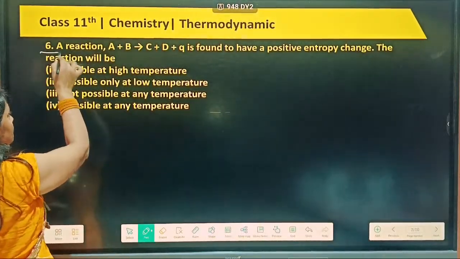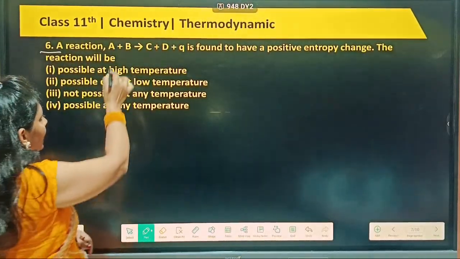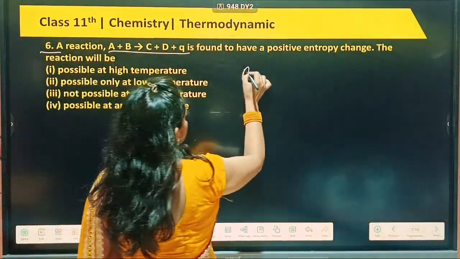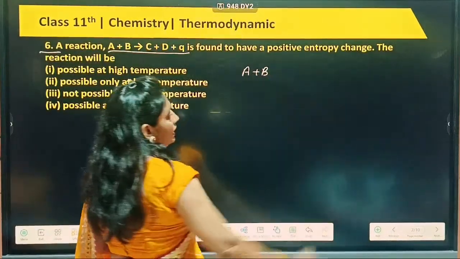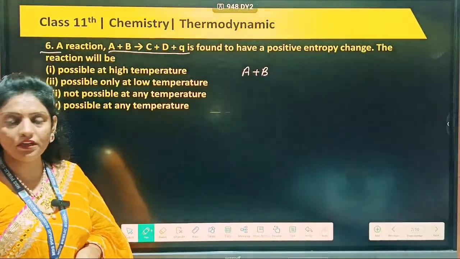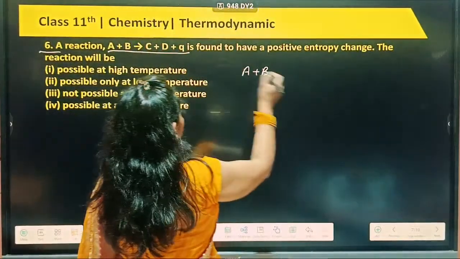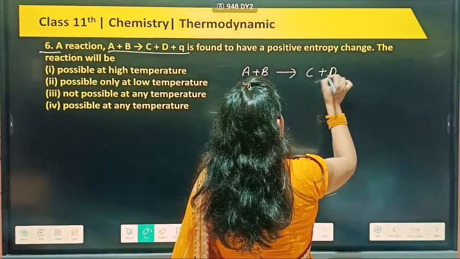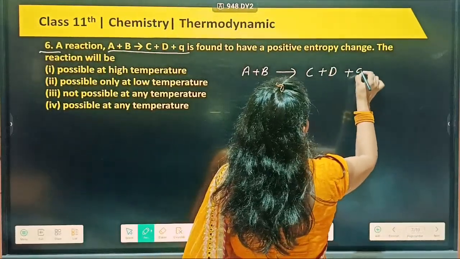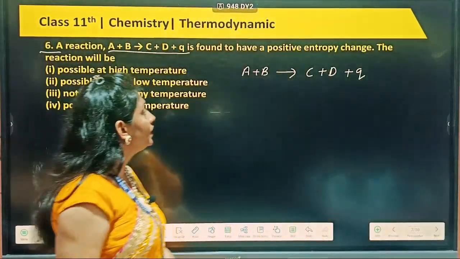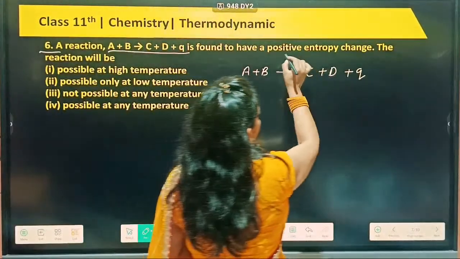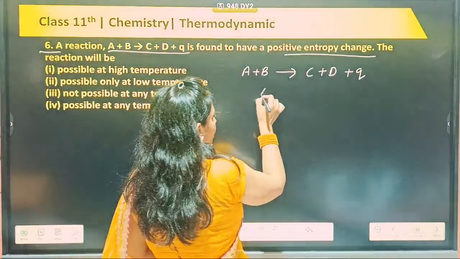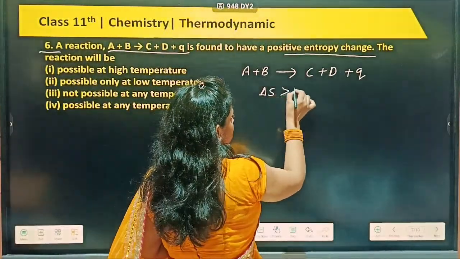Question number 6 is a reaction A plus B. These are the reactants. After reacting with each other, they produce C plus D plus Q, and it is found to have positive entropy change, meaning the value of del S is positive.